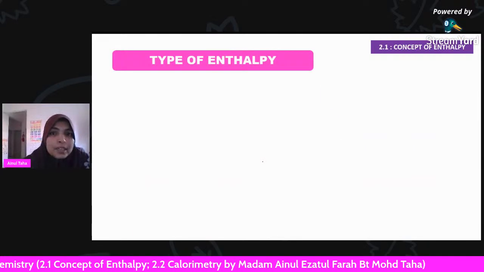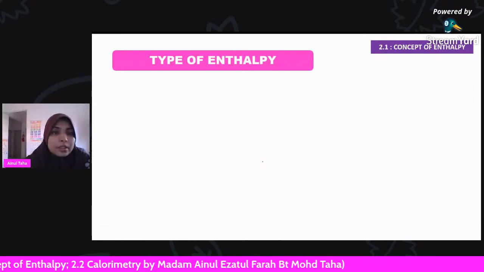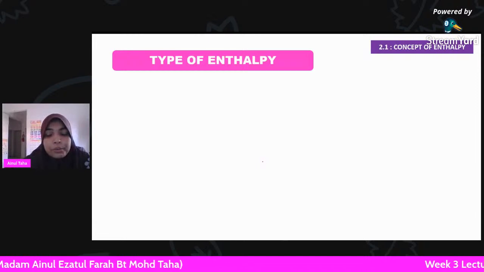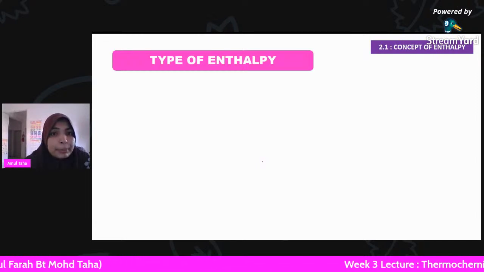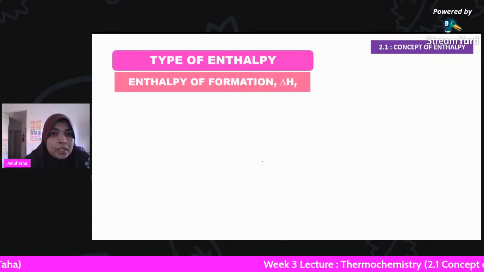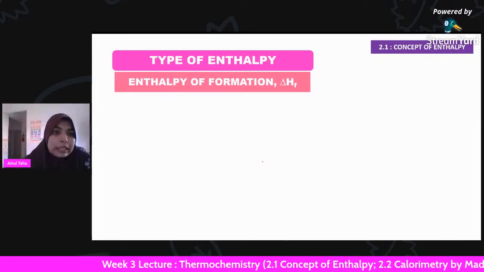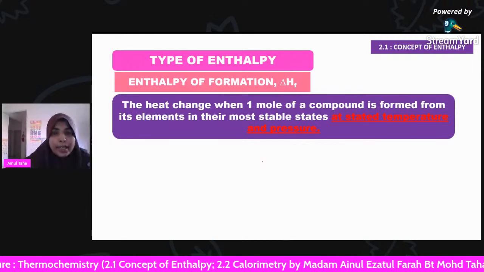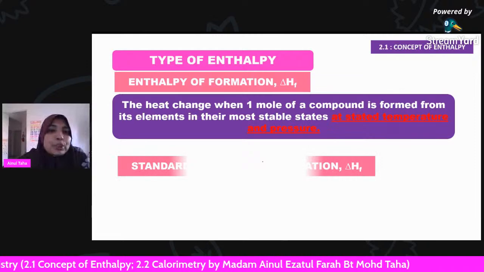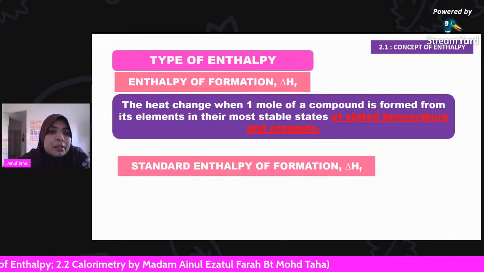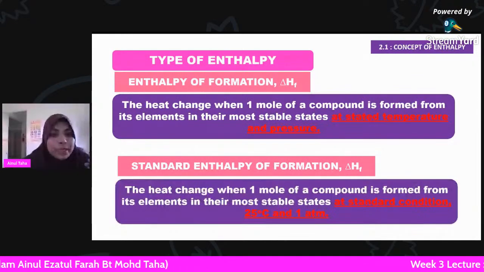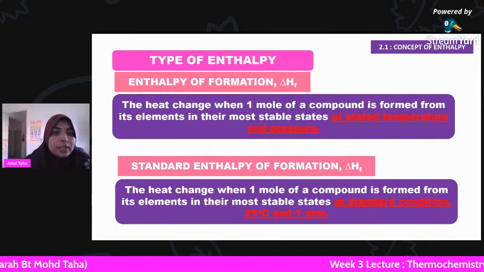So for the next one, you also need to know about the types of enthalpy. We have 6 types of enthalpy that you have to remember. But at the beginning, I would like you to see the difference between enthalpy of formation and standard enthalpy of formation.